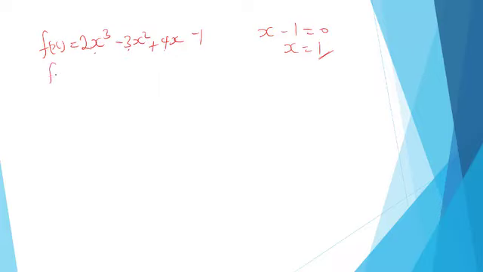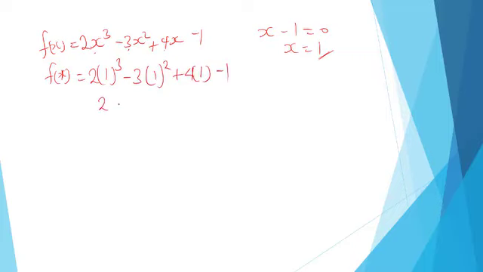So let's try it. f(1) becomes 2 times 1 raised to the power 3, minus 3 times 1 raised to the power 2, plus 4 times 1, minus 1.